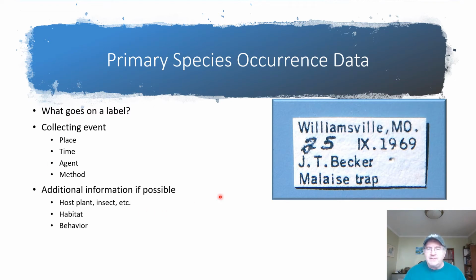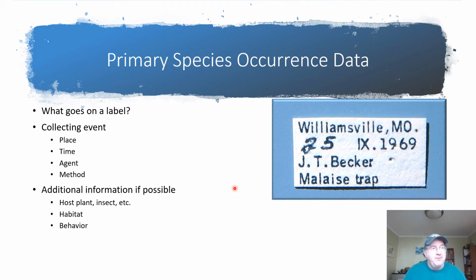So basically, the collecting event is the confluence of the place, the time, the agent, and method. And by that I mean the place where the specimen was collected. Just as a side point, the same information is relevant to an observation, and not only a specimen that's going to go in a collection. Now, in the case of a specimen, at least you can go back to that specimen and confirm the identification of it, whereas if it's only an observation, you can't do that.